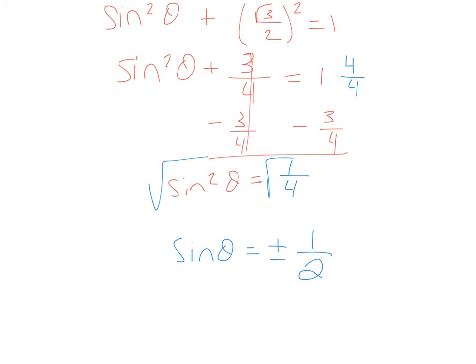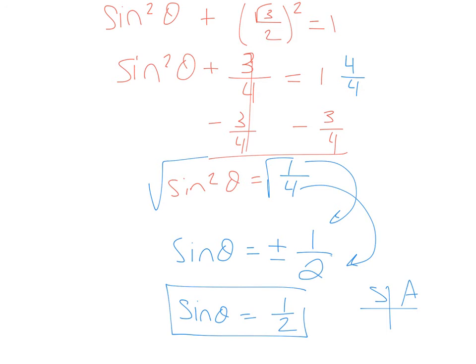So again, square root of 1 is 1, square root of 4 is 2, so I have 1/2. I'm in quadrant 1, so I'm going to take the positive value of sine because everyone is positive in quadrant 1. Remember, all students take classes.